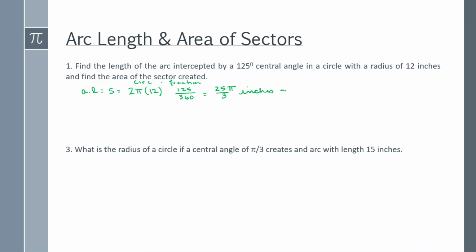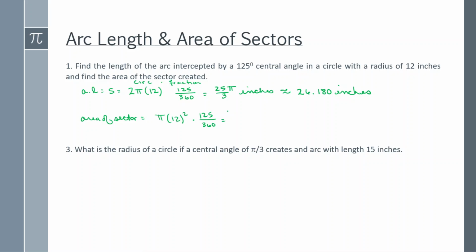If you want to get it as a decimal, multiplying by that pi gets 26.180 inches. Okay, now we can also find the area of the sector. The area is pi times radius squared times the fraction of the circle that I want.